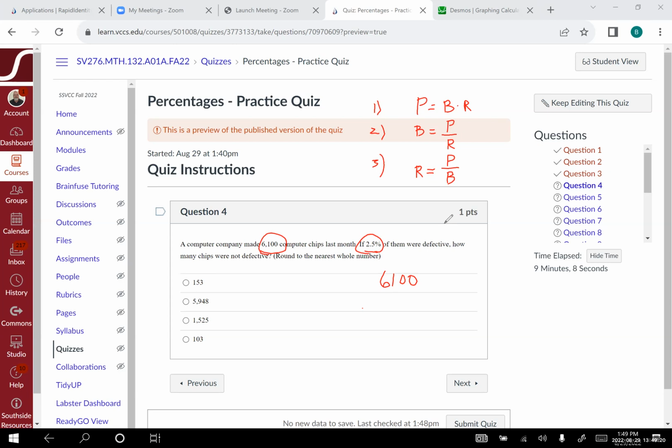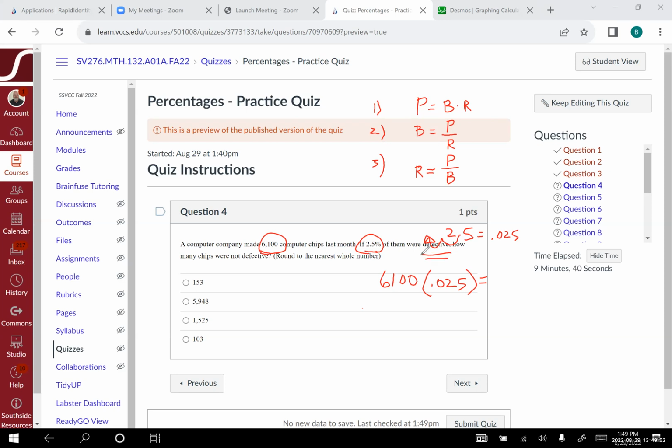Now let me convert 2.5% to a decimal so it can go in a calculator easily. That becomes 0.025. So 6,100 times 0.025 will give me the defective ones.